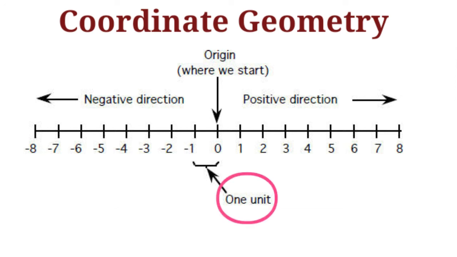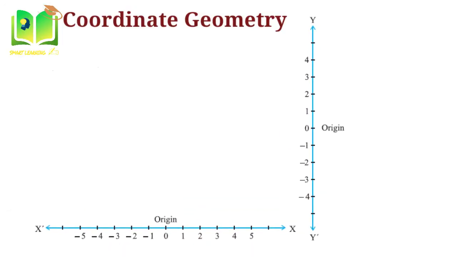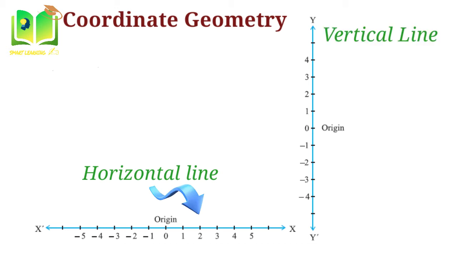We choose two lines to locate a point in a plane in this chapter, which are perpendicular to each other. One line will be horizontal and the other will be vertical according to the figure. These lines are actually obtained as follows.